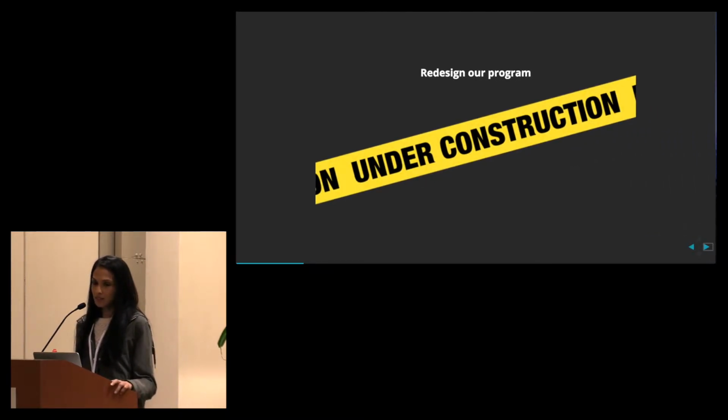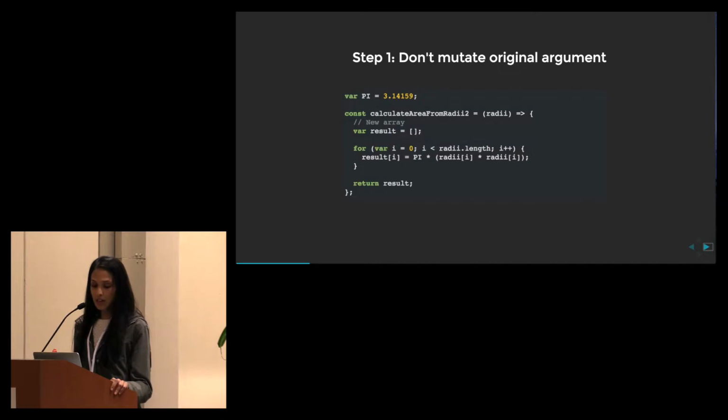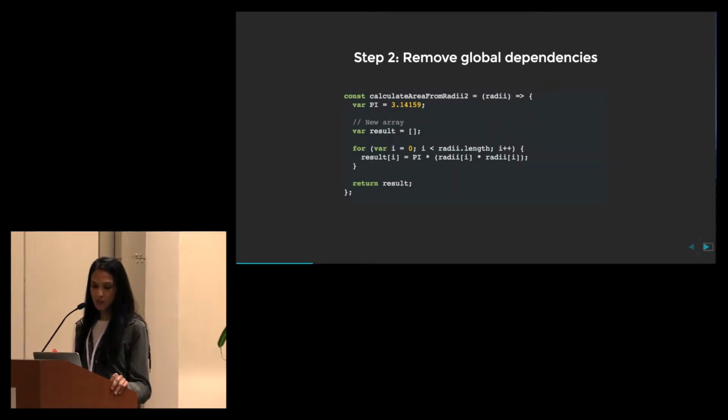So we go back and we're like, okay, let's redesign this program. Step 1, let's not mutate the original argument, and instead let's return a new array with the areas calculated in it. Then we say, let's remove any global dependencies and move that pi inside the scope of the function, and then have the new array and return the new array.